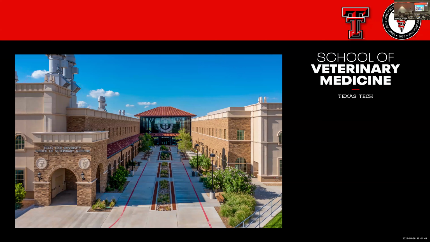USDA's APHIS has a team of, I assume, mostly veterinarians going to Mexico in the next week or two that'll be spreading out and teaming up with Senasica folks and going out into the field, basically to verify everything that's being done that they've been asking for.